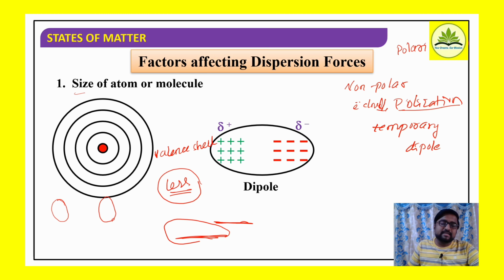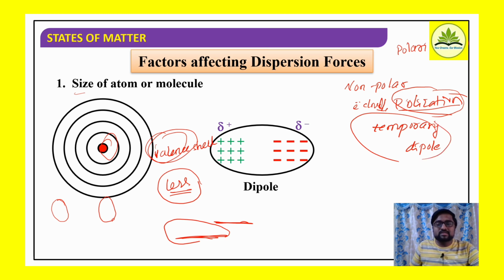It depends on the size. The larger the size, the more the distance between the nucleus and the valence shell electrons. Therefore, there will be less attractive force, and such atoms and molecules can be easily polarized, meaning they can easily be converted into temporary dipoles.